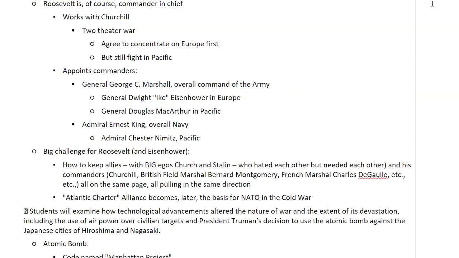And they agree. Churchill convinces Roosevelt it's obvious that there's a two-theater war. Two theaters, two regions. We call a region war a theater. Europe and the Pacific. So they decide they're going to fight in both, but they're going to first concentrate their efforts on Europe.